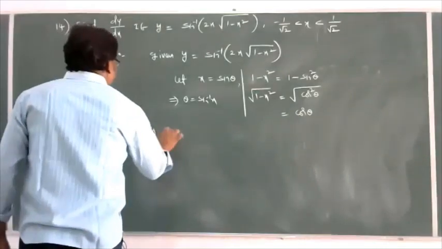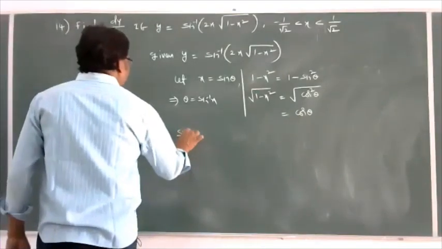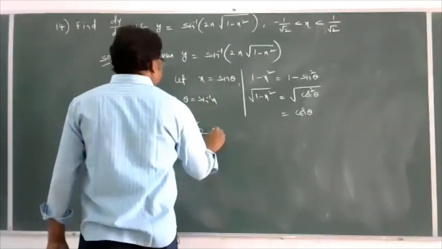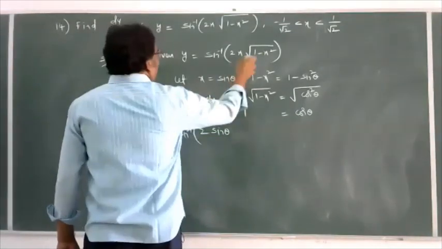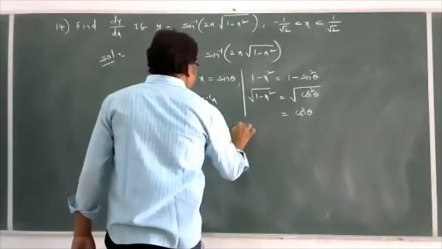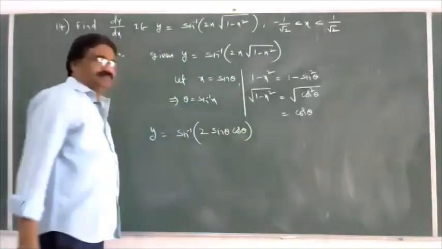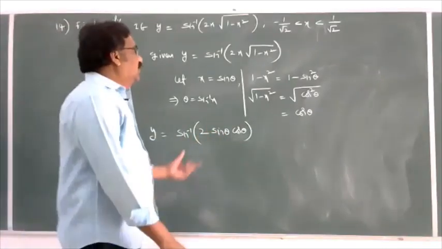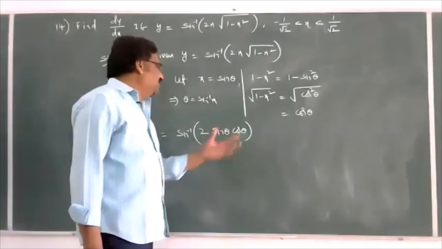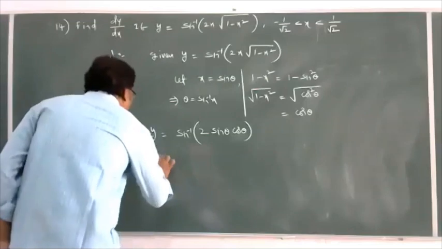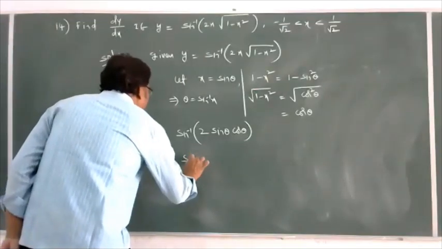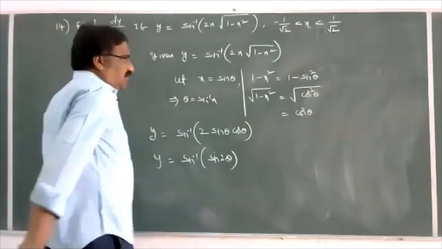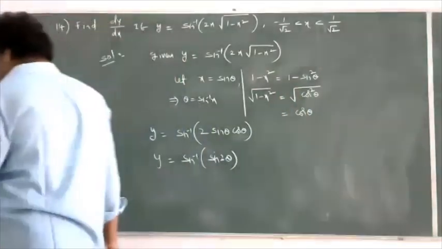Then substitute: y is equal to sine inverse of 2 into x, which is sine theta, into root of 1 minus x square, which is cos theta. Sine inverse of 2 sine theta cos theta. You remember the trigonometric formulas: sine 2 theta is 2 sine theta cos theta. So y is equal to sine inverse of sine 2 theta.